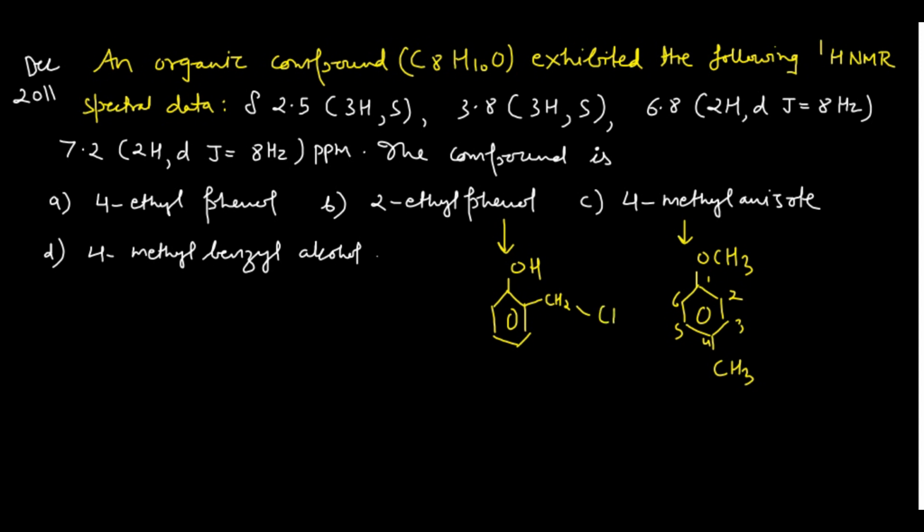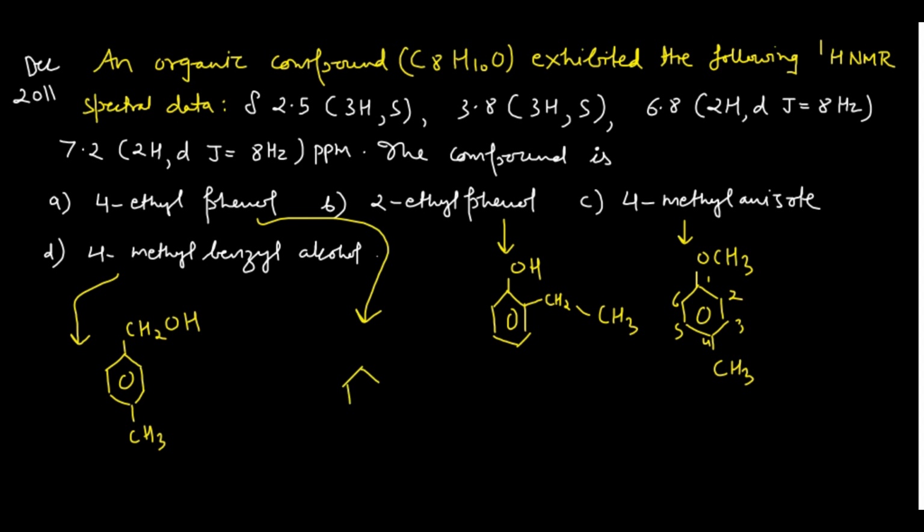So this is CH2, CH3, and the next structure is this one, 4-methyl benzyl alcohol. Benzyl alcohol, CH2OH, and at the 4 position you are having the methyl, that is CH3, and the next structure is the structure A, which is 4-ethyl phenol. So this is phenol and this is CH2, CH3.